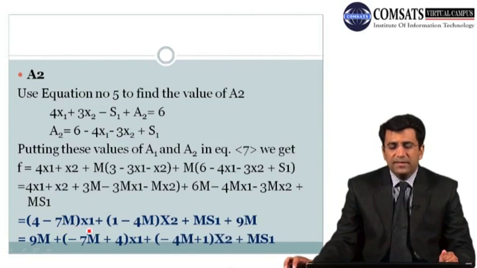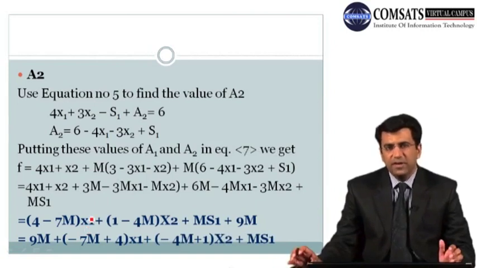Now you can take the x1 values, that is the values in which x1 is involved, at one place, and you can always take that x1 common. Actually what we want to do, we want to represent that objective function in homogeneous form, so that we can have the values of x1 first, then the x2, and then the constants.